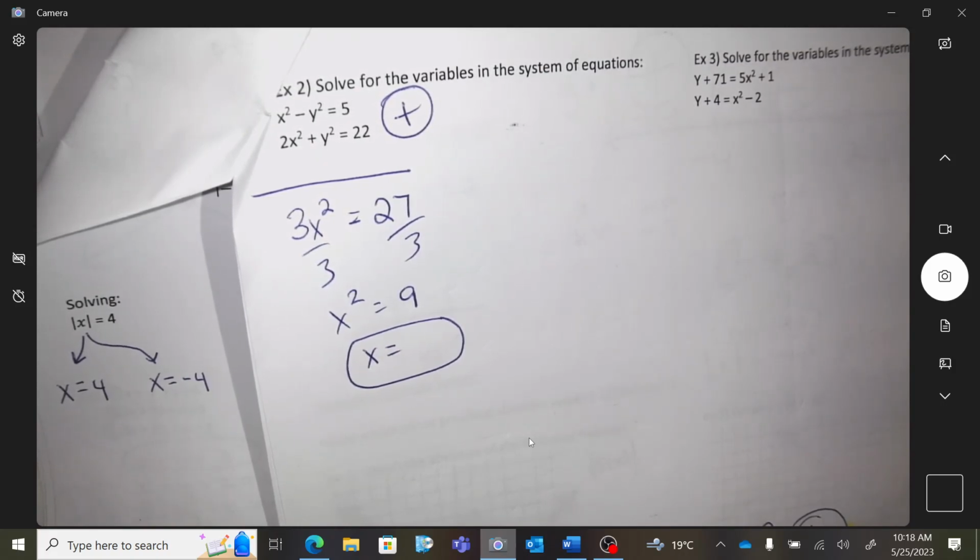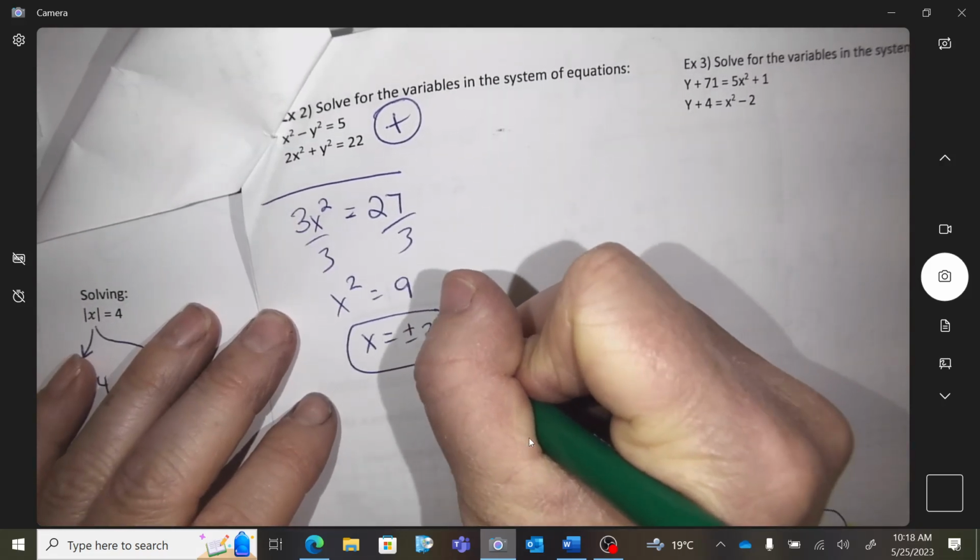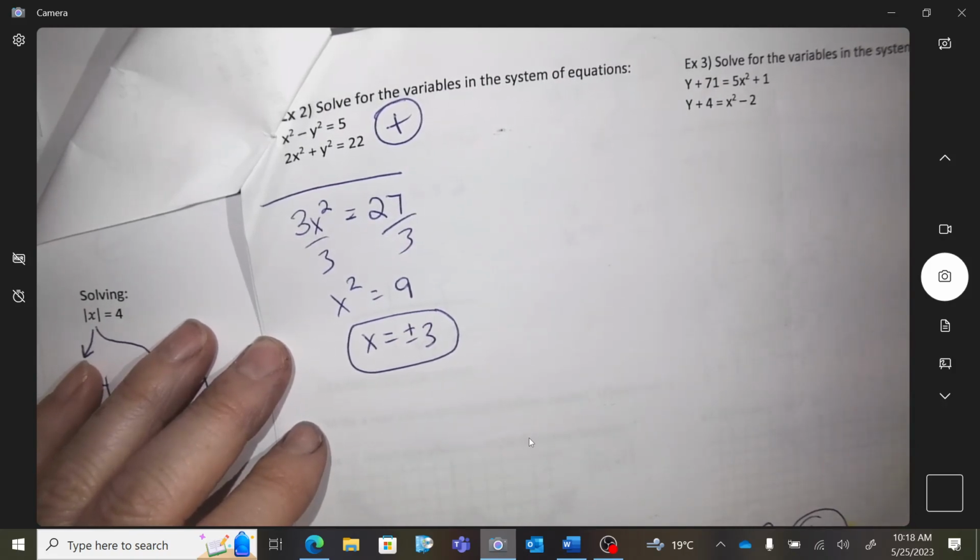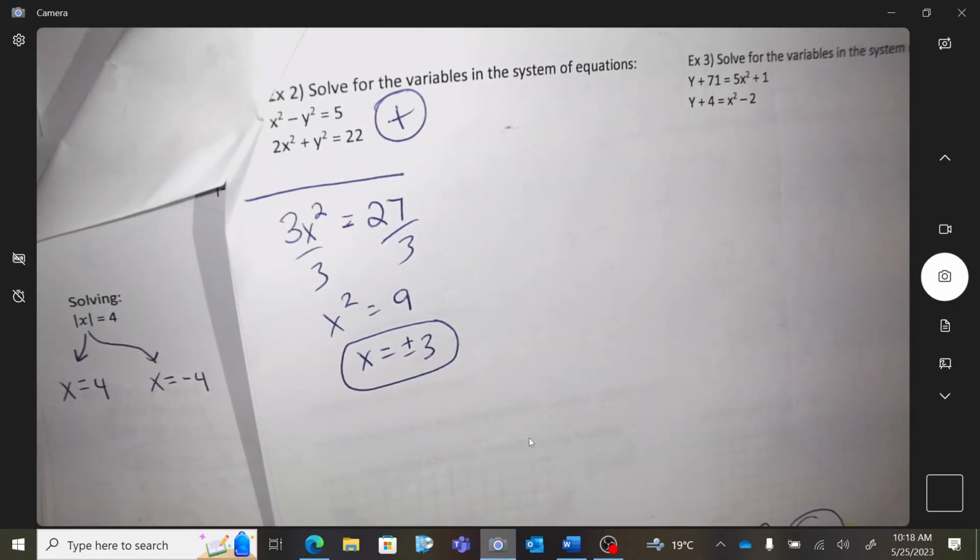Okay, my bet is that 75% of you didn't get this one. Did you remember? Because think about it, what could you square to get 9? -3. Negative 3 works, positive 3 works.